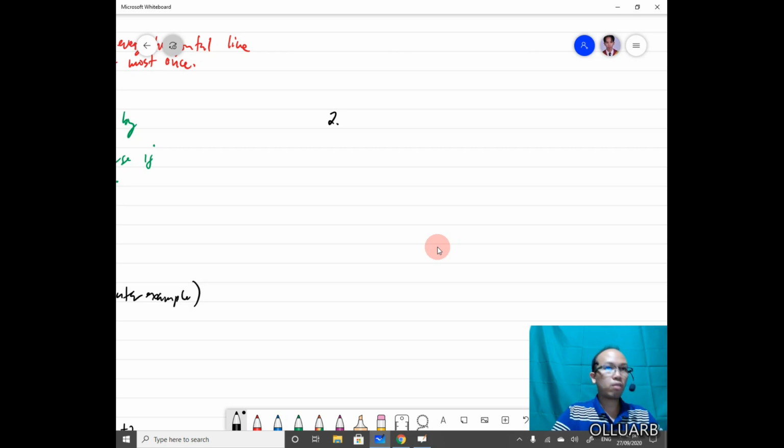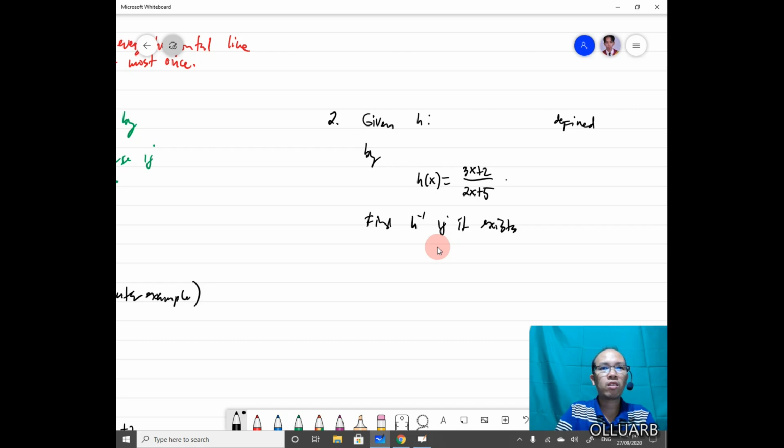If I remember it correctly, this is the given function h defined by this equation, h of x equals 3x plus 2 over 2x plus 5. Find h inverse if it exists.